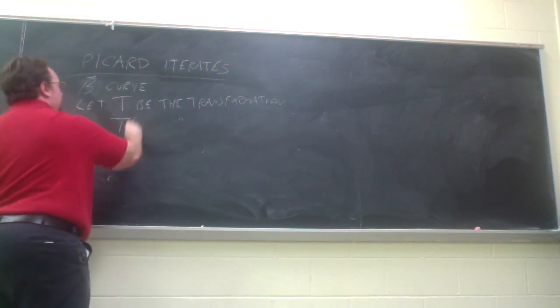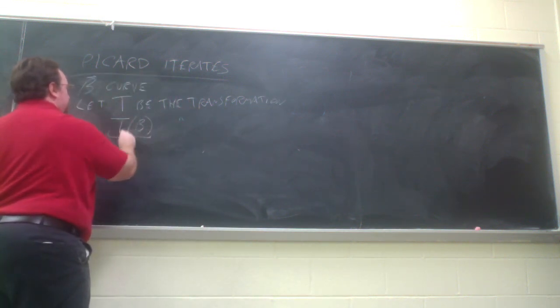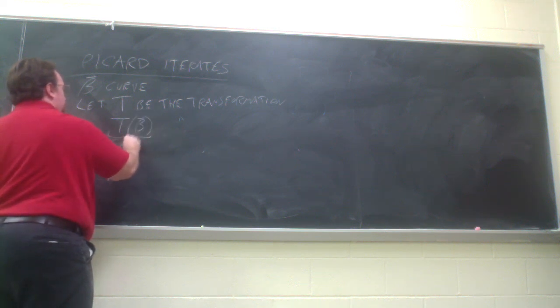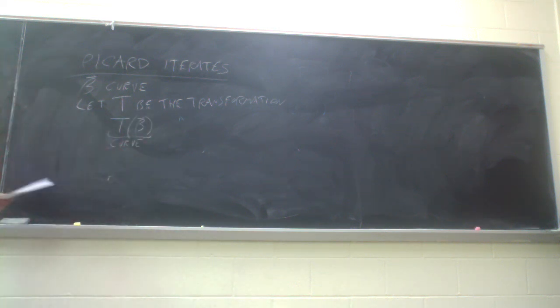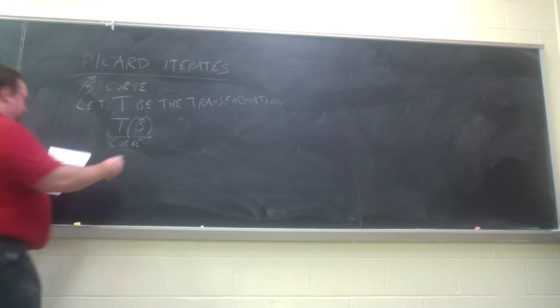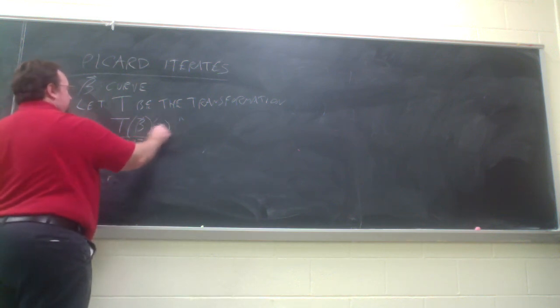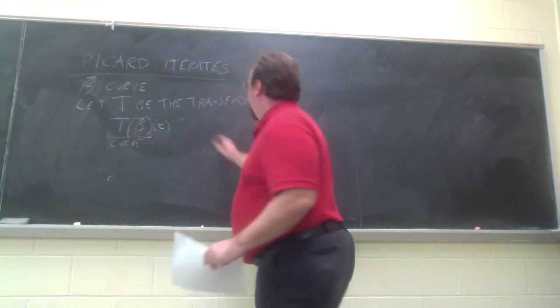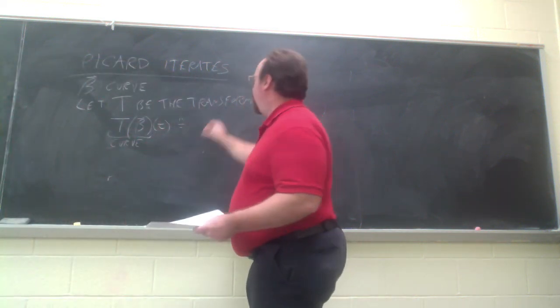So t of beta is itself a new curve. And for any curve, you can evaluate that at t. So that's what's really going on. And what is t of beta? It's actually the right side of the integral form.